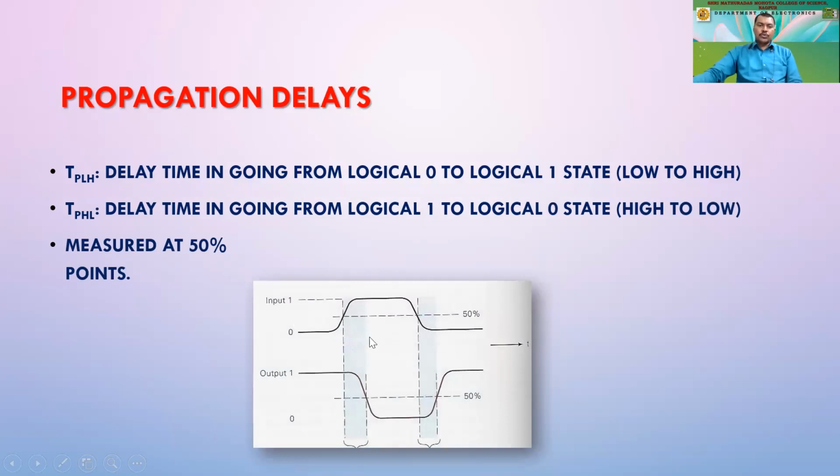This can be shown diagrammatically. This is the input that is supposed to be applied, and this is a particular voltage that is required so that it is considered as high or low. We have some practicals on this in the lab, which we call the switching characteristics of NAND and the switching characteristics of NOT, where we understand what voltage it takes as low and what voltage it takes as high.